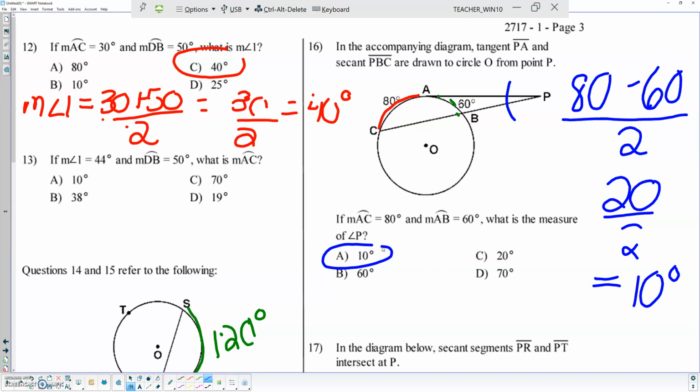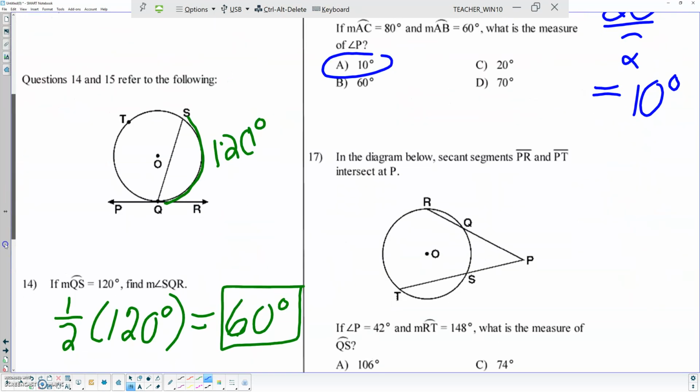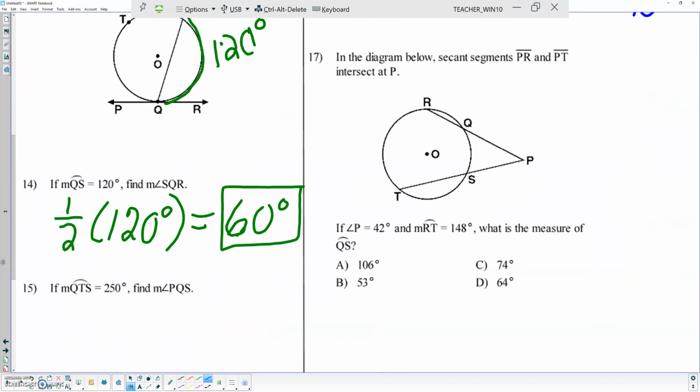Another one that I think we should take a look at is 17. It says angle P, the external angle, is 42 degrees, and the measure of arc RT is 148 degrees. That's the far arc. It's asking what's the measure of QS, which is represented by the near arc.